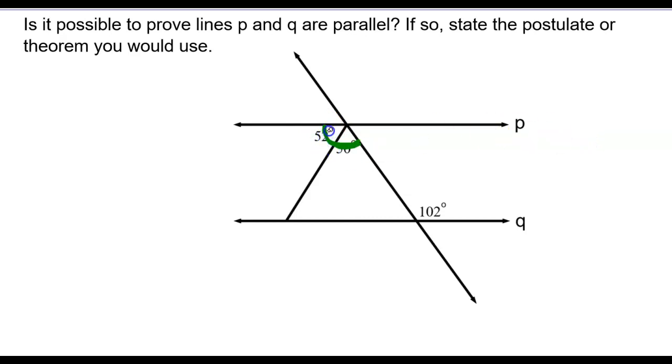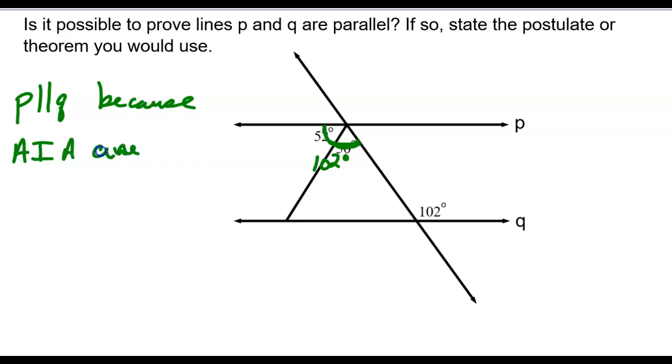Well, what do we know about those two angles that make up that big angle? They're 52 and 50. If you add 52 and 50 together, that big angle would be 102 degrees. So are those congruent? Yes, they are congruent. So P is parallel to Q because alternate interior angles are congruent.